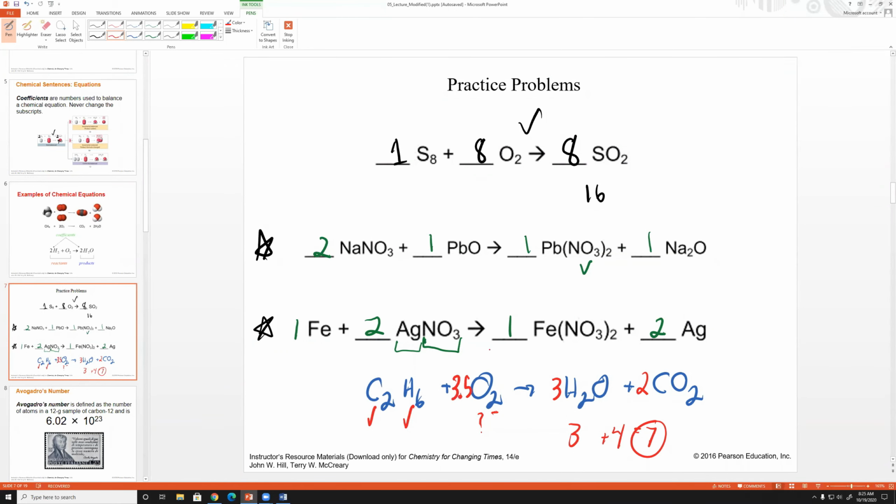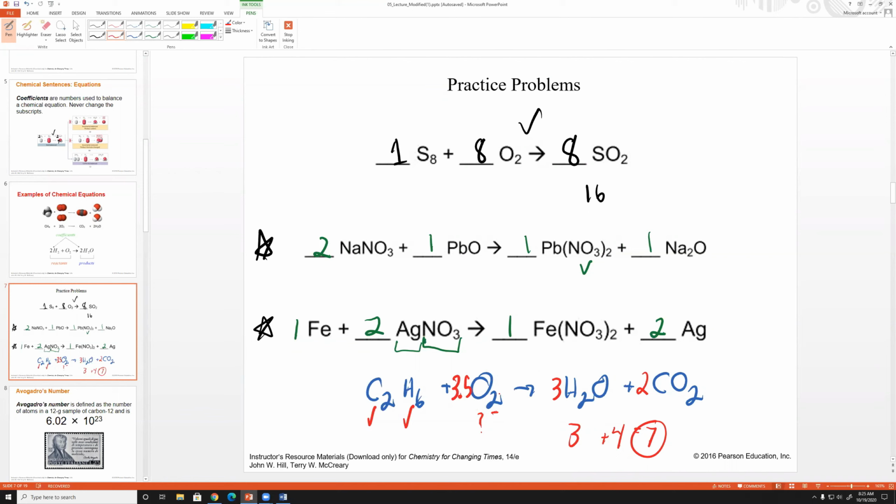So it seems weird to put a decimal in front of a chemical quantity like this, but you can do it for now. Before I continue to the next part, does that make sense now on why we put 3.5? Yeah. Okay, good. So now that we have 3.5, this is not a completely balanced equation, even though the left side does equal the right side.